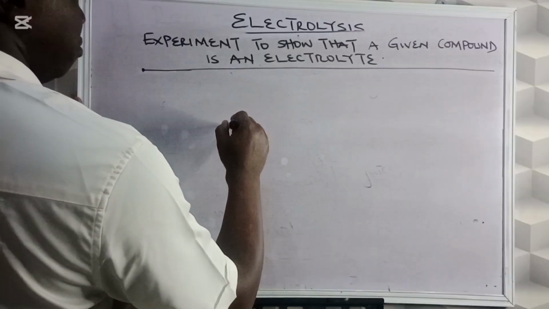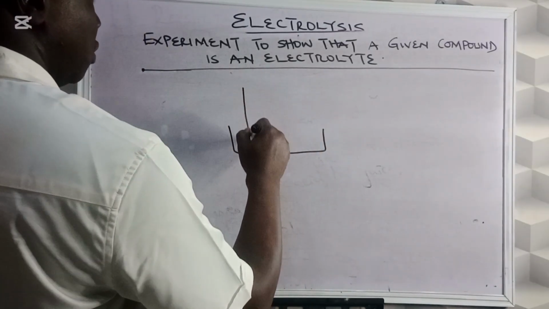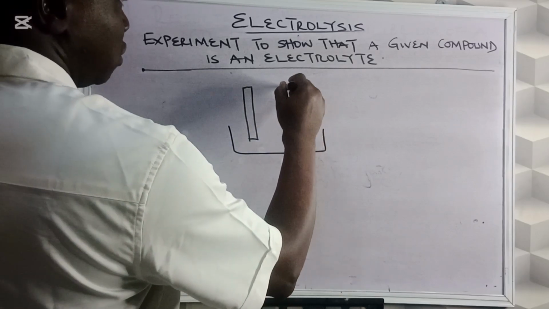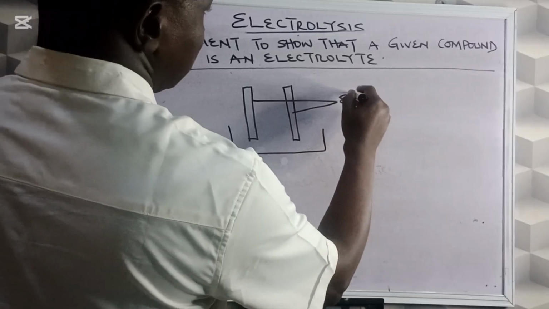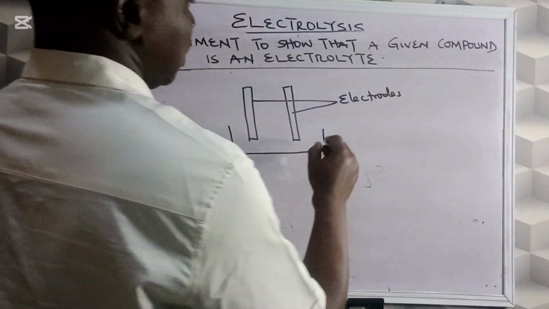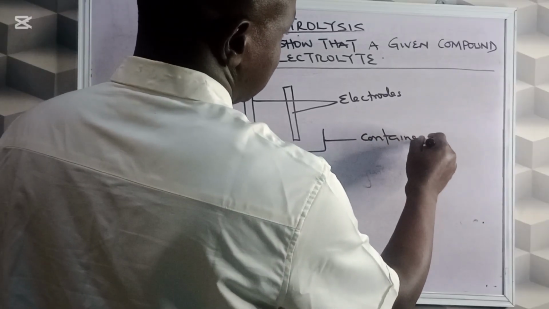We have the diagram. We have the electrodes, which are conductors. So we have our container.